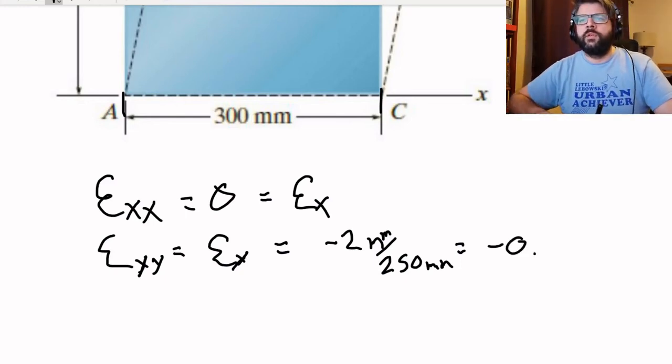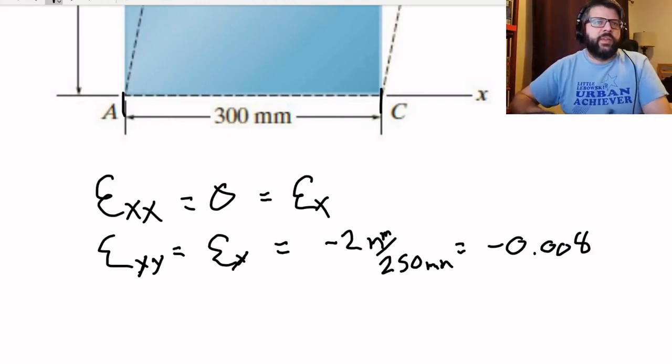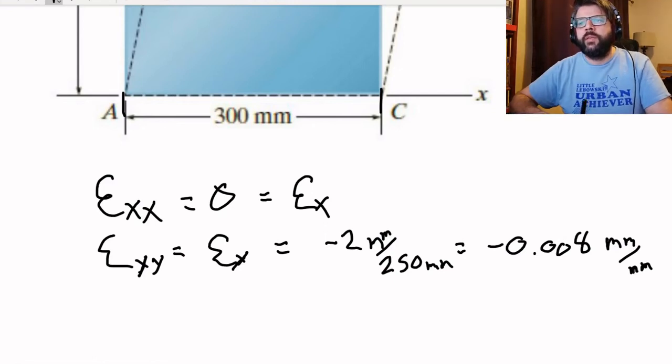So -0.008. What's the units on that? Well, it's a ratio, right? So it's unitless per se, but millimeter per millimeter if you want to put a unit on that.